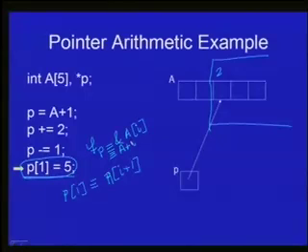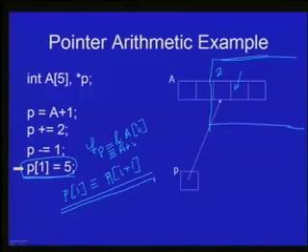So if P points to the ith element, then P[1] would refer to the (i+1)th element of that array. So therefore, now when P[1] is assigned 5, what will happen is that the first element of this array segment will become 5, and so P[1] would be this particular cell, which, as you can see, is the third element of the array A, and that follows from this kind of rule that we just saw.